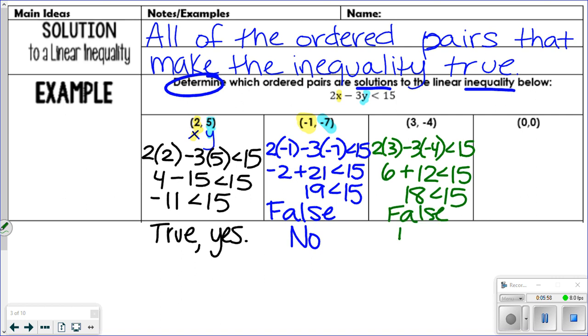This is a false statement. So again, no, (3, -4) is not in my solution region. It's not an answer.